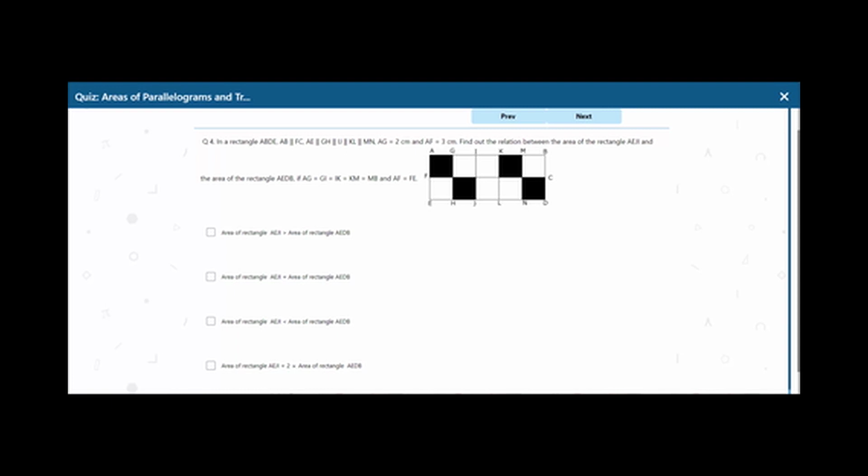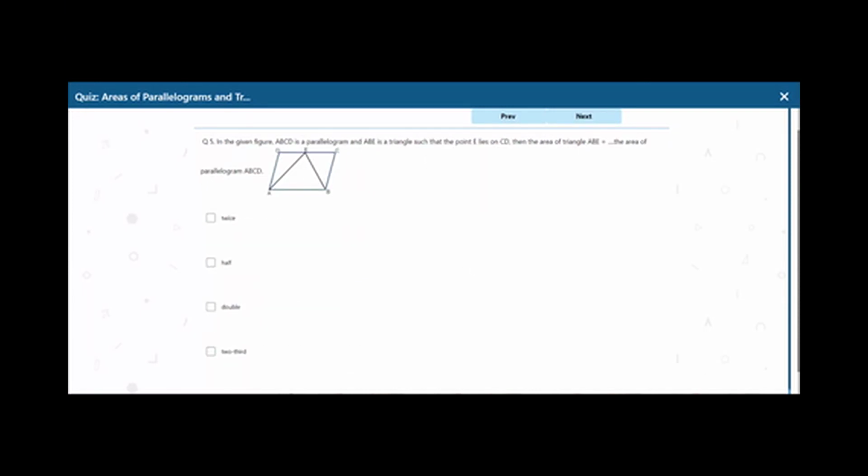What is the relation? Option 3, ma'am. Area of rectangle is greater than? Oops, that is incorrect. Option C, ma'am. That's correct. Now next.